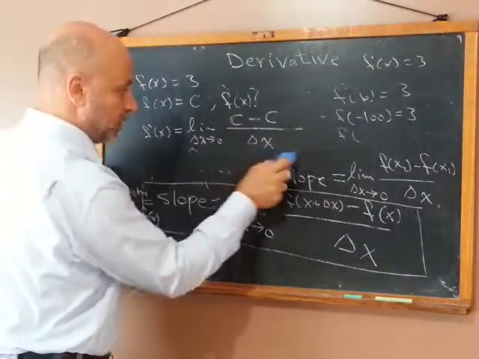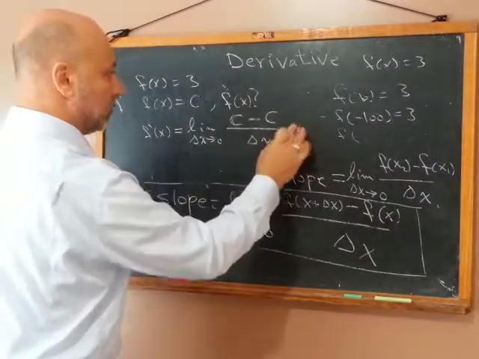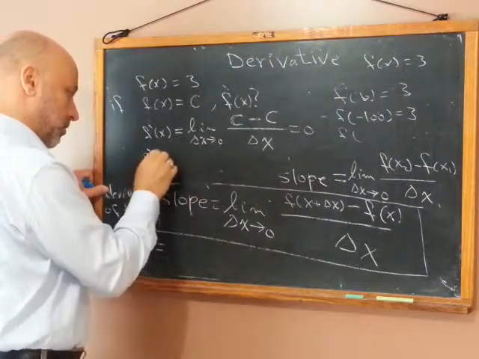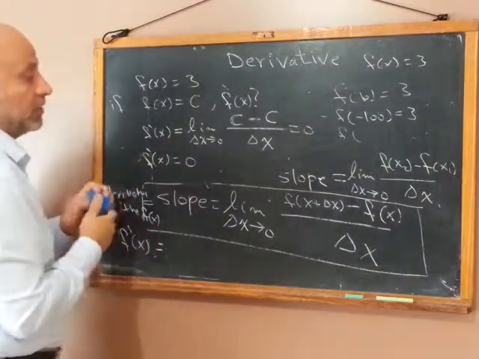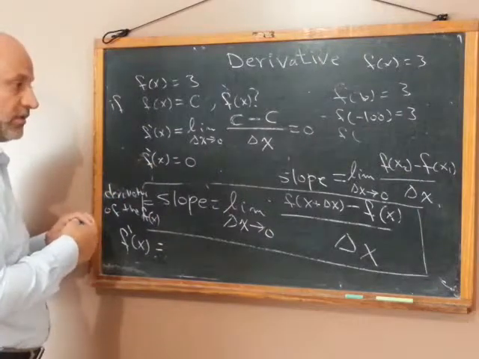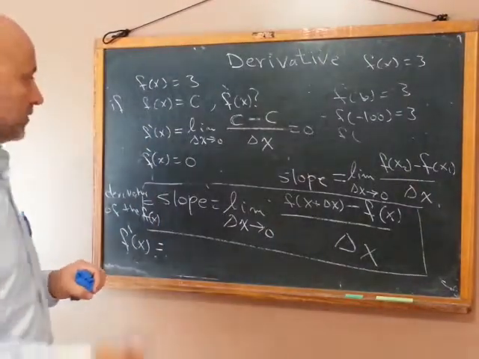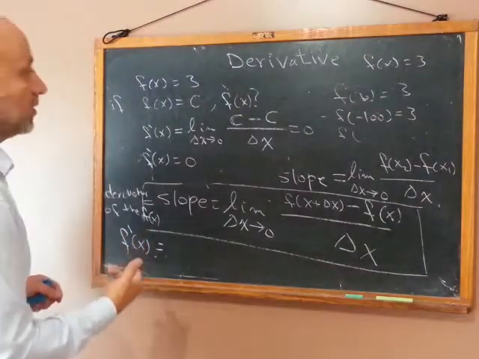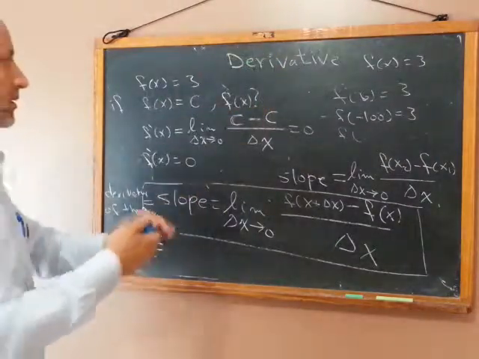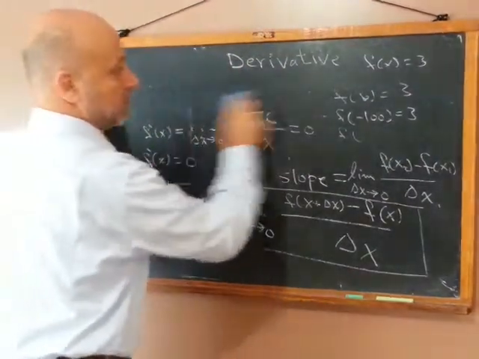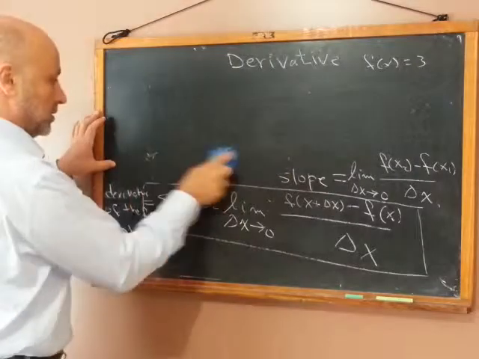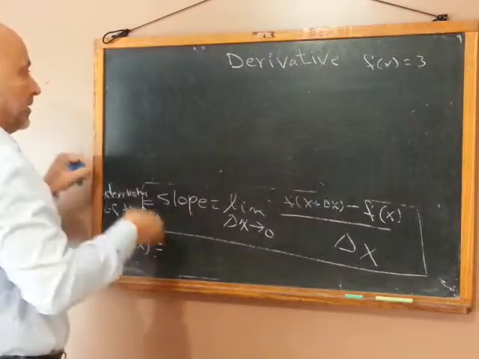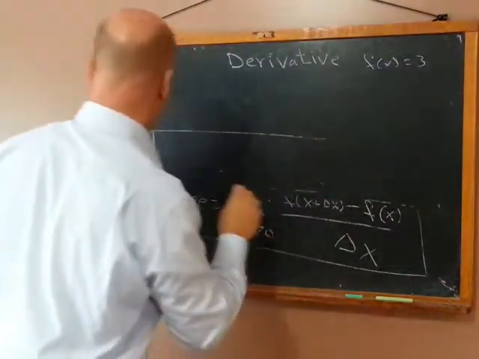Okay, so since we get that, we said f prime of x equal to 0, and then we can make it a rule. We say the derivative of a constant function is 0. Physically, what's the meaning of that? When we have a constant function, constant means it's not going to change its value while the independent variable varies.